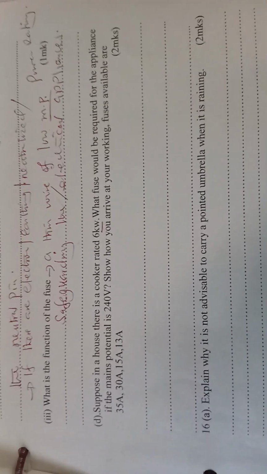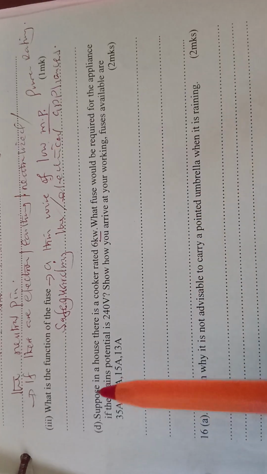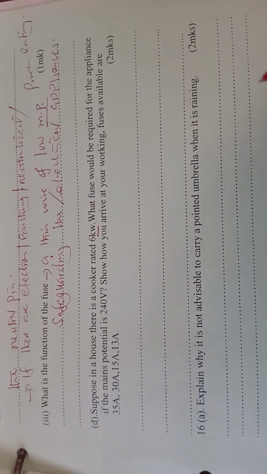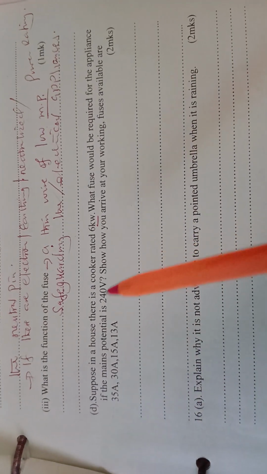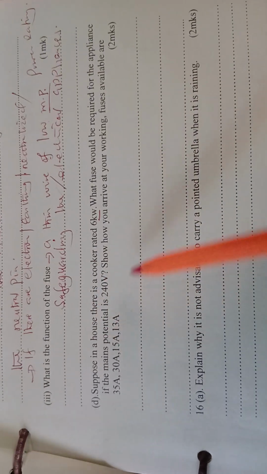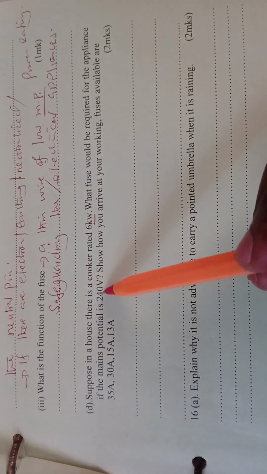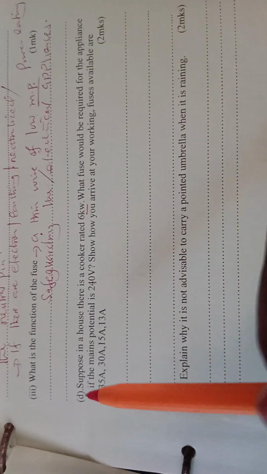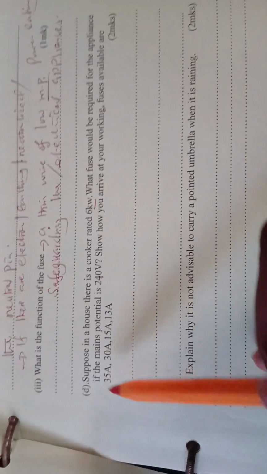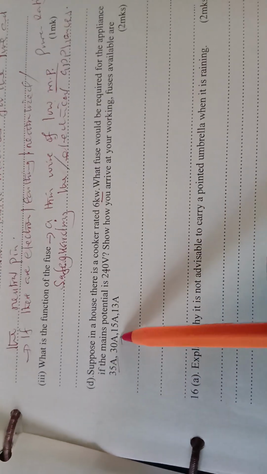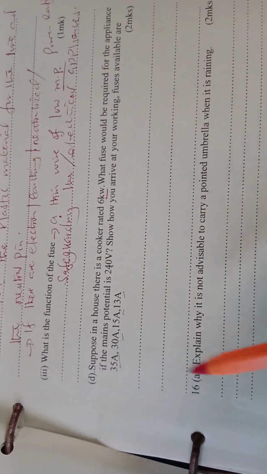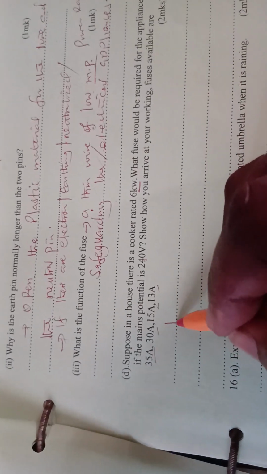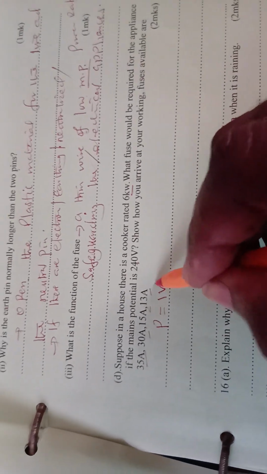Now, part D, we are given a cooker which is rated at 6 kilowatt. So we are given the mains potential at 240 volts. Now, which is the appropriate fuse for us to use? We have 35, 30, 15, and 13 amperes. Now, for us to work out, power is given as IV.